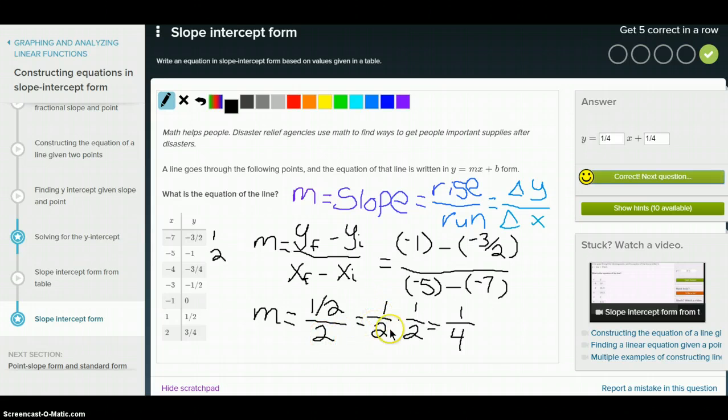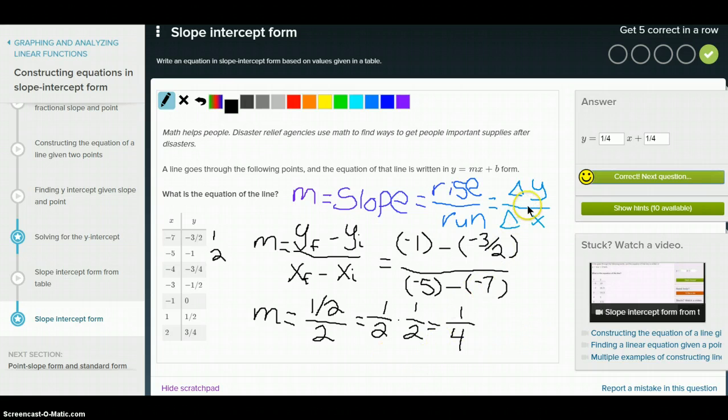So 1/2 divided by 2 is 1/4. So we get our m value of 1/4. That means y will increase by 1 and x will increase by 4, so we're going to have generally not a steep slope.